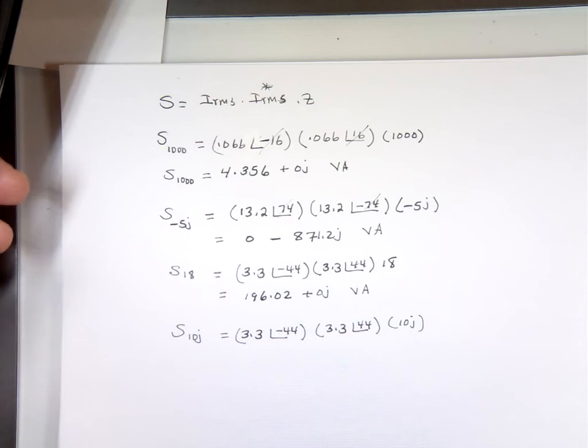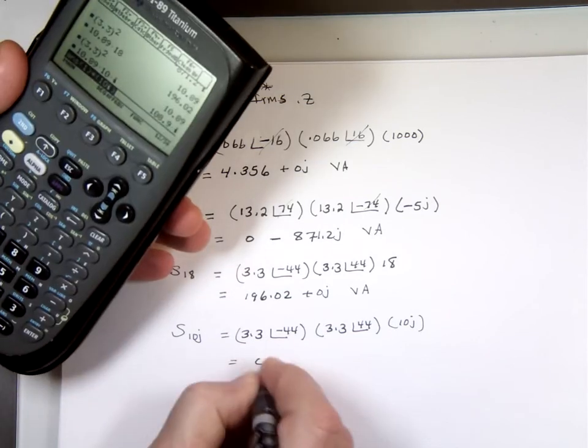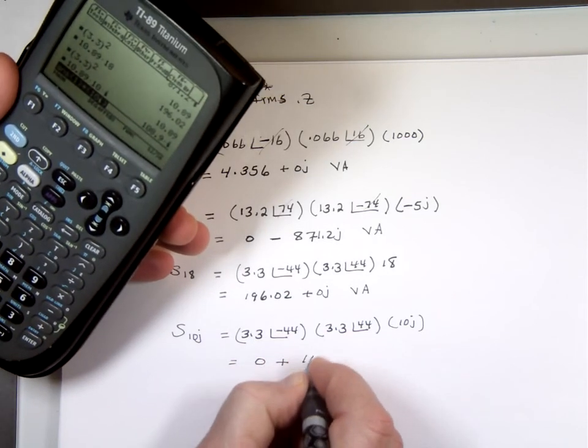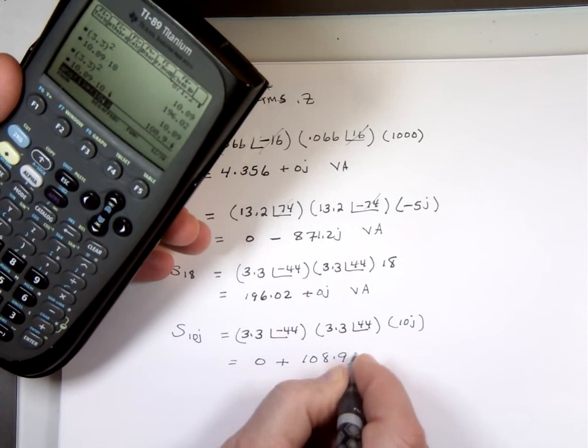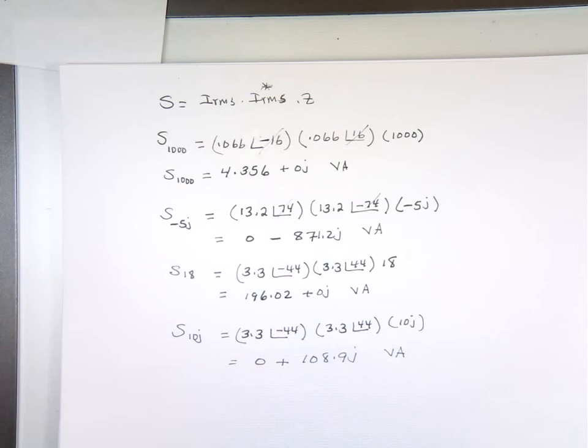So that's 0 plus 108.9J VA. We have two more values, then we're done. Complex power, then we'll do the power factor.